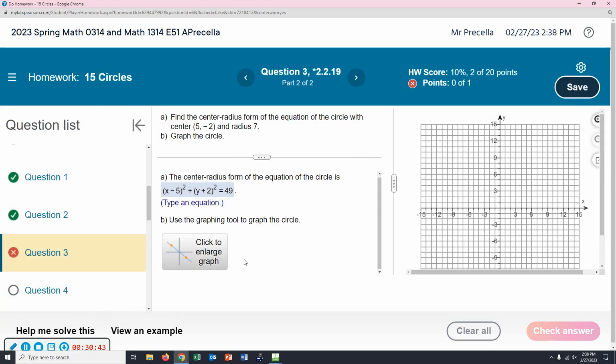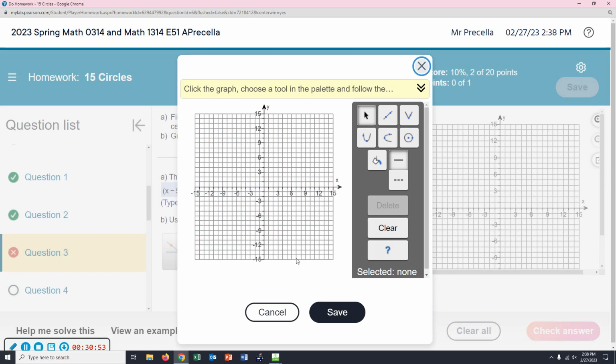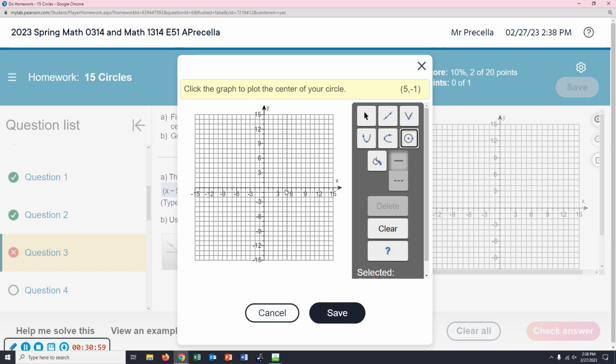And graph it. I'm not going to use the 49 or any of this stuff. I'm just going to use the center and the radius. So, circle. The center was right 5 down 2. Am I right 5 down 2? Yeah. And then I got to move over 7.